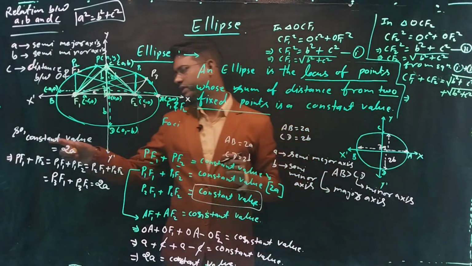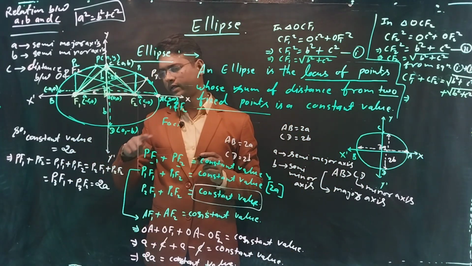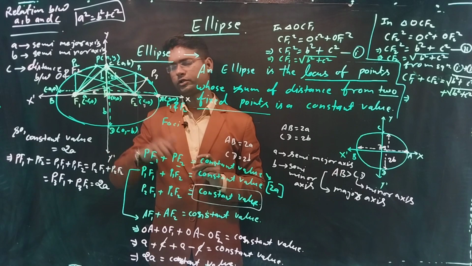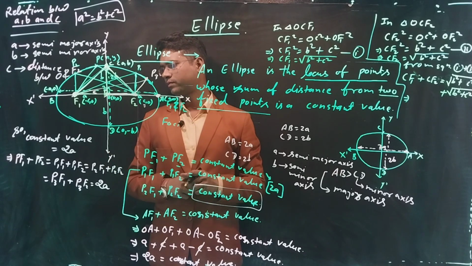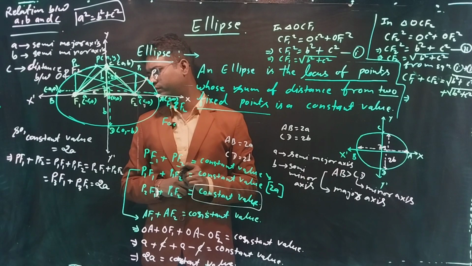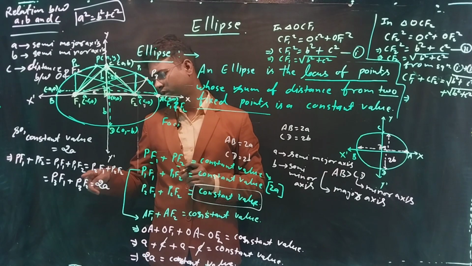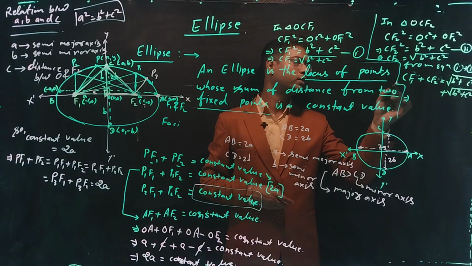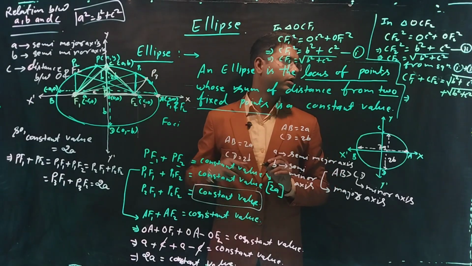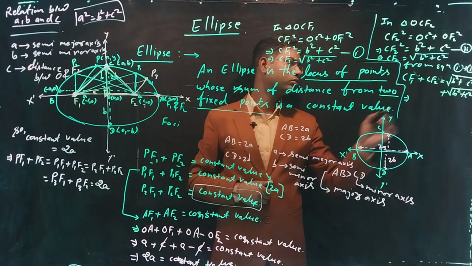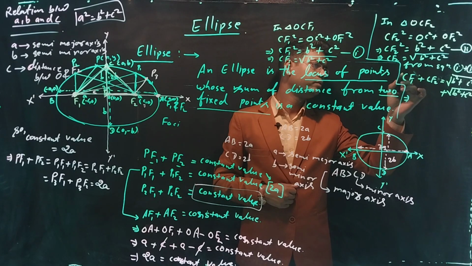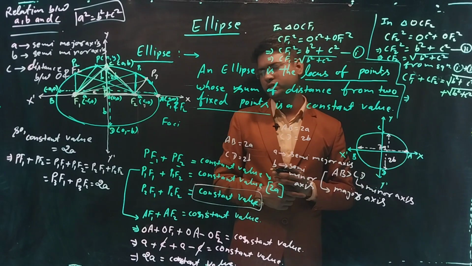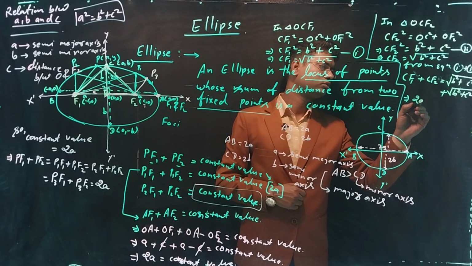From this constant value, we know that if any point is on the ellipse, and after connecting that point to two fixed points, the sum of distances will be equal to a constant value which is equal to 2a. Similarly, CF1 plus CF2, since C is on the ellipse, this value will also be equal to the constant value, meaning CF1 plus CF2 will be equal to 2a.